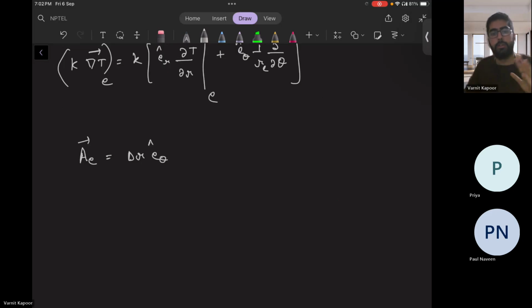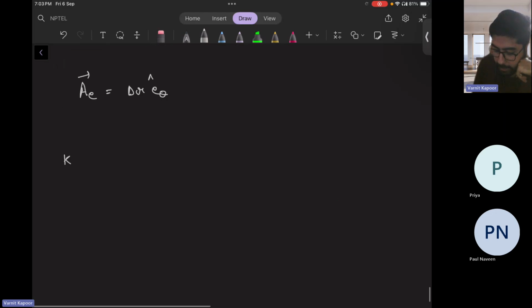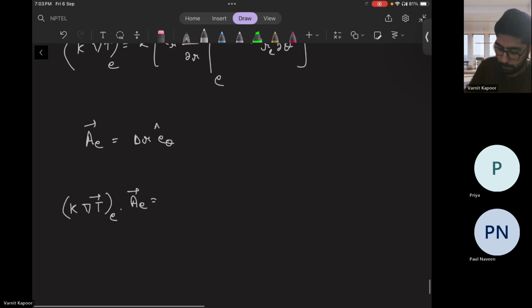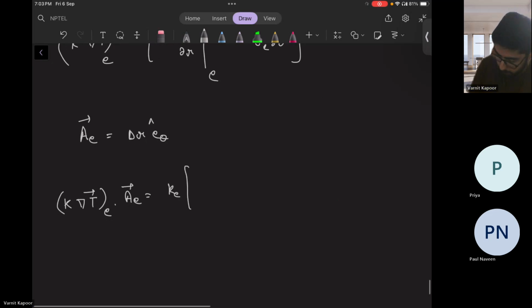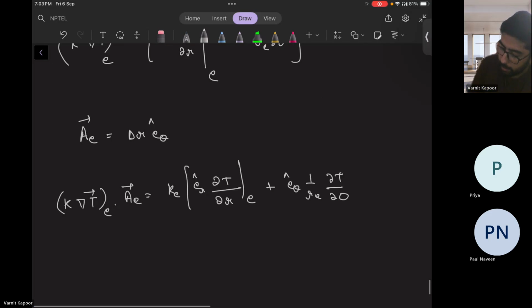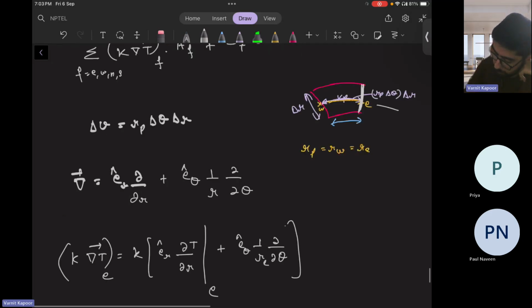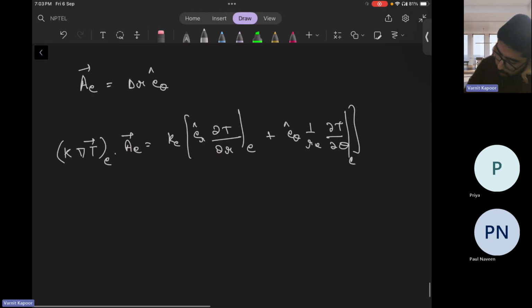Now we'll start discretizing. So K grad T of east dot A east will be nothing but K times the quantity dou T by dou R of east E R plus E theta 1 by R of east dou T by dou theta, dot del R E theta.